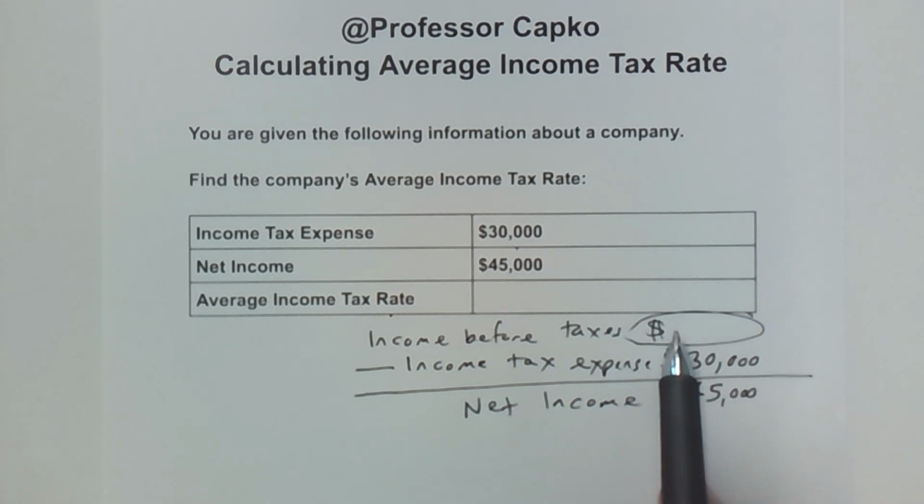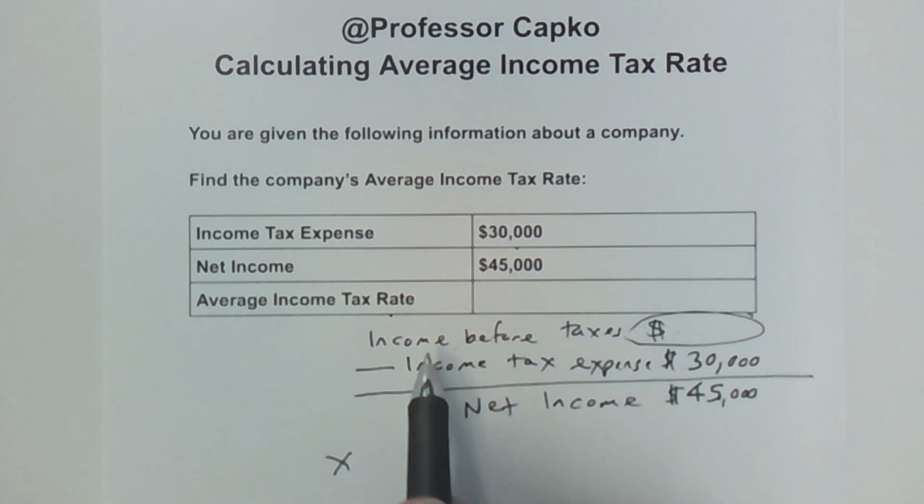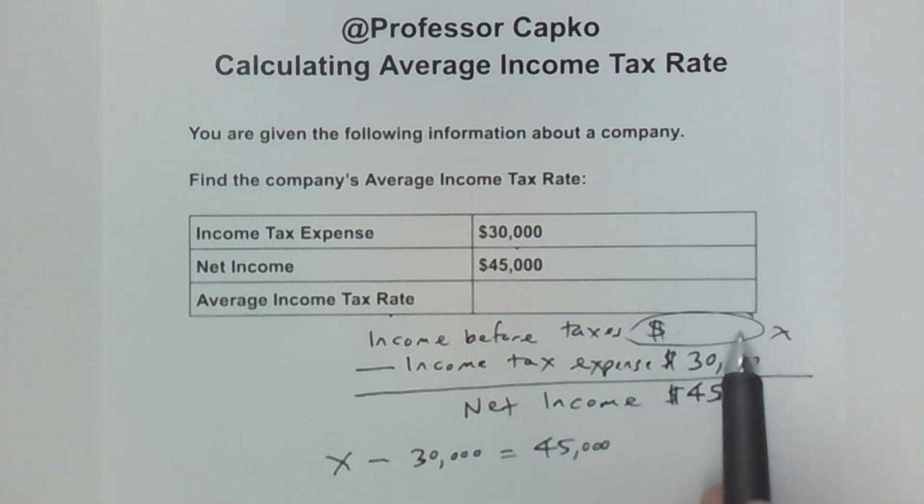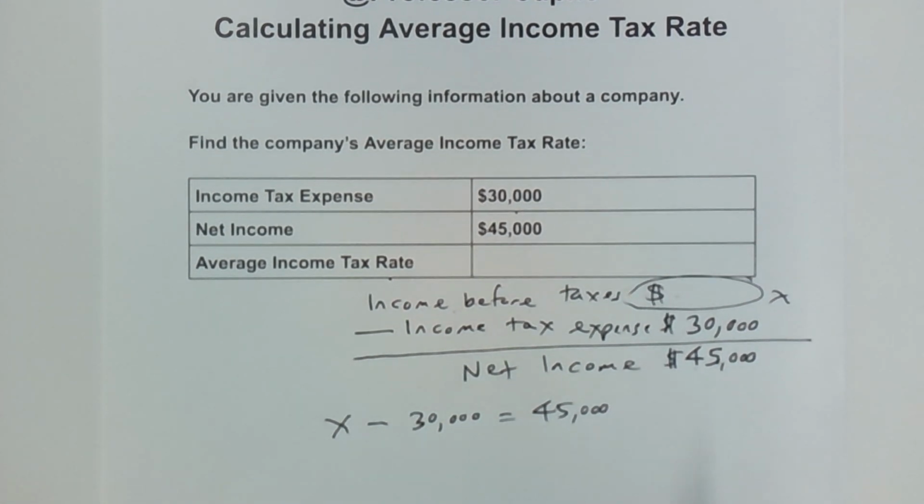If we have our unknown as X, that's our income before taxes, and we subtract from that the income tax expense, the 30,000, I'm doing this algebraically, and that equals our $45,000 net income. To solve for X, all I need to do is add 30,000 to each side, doing some basic algebra here.